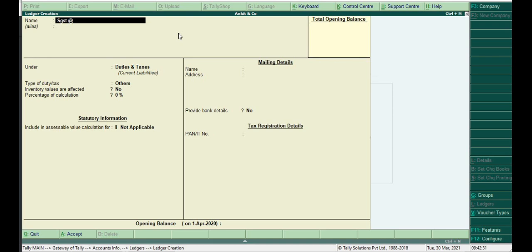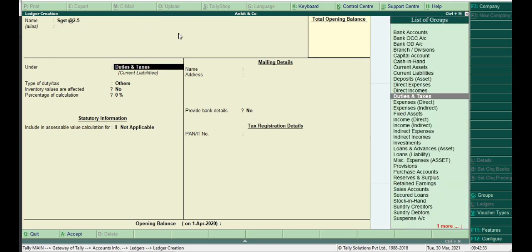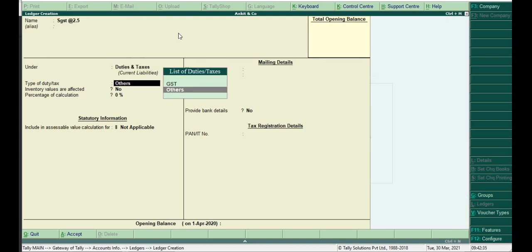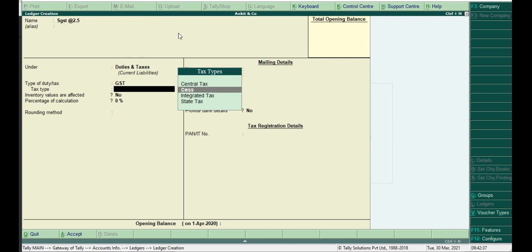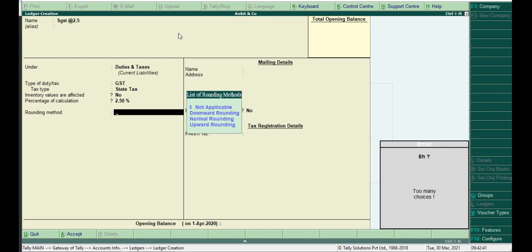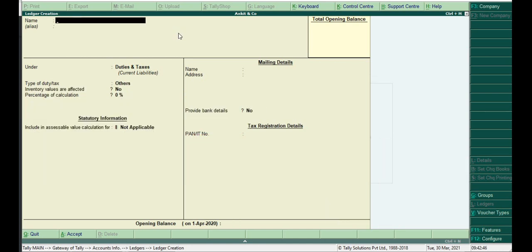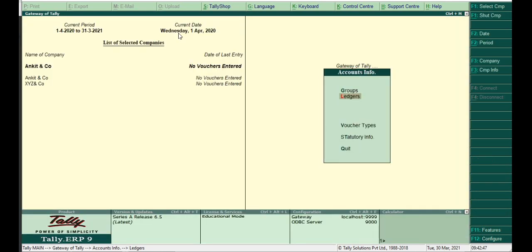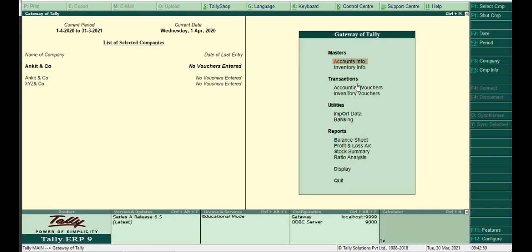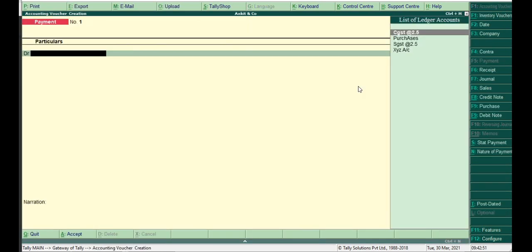SGST at the rate 2.5. Duties and taxes, GST, and we have state tax, percentage is 2.5. Generally we'll go with normal. Okay, so all the ledgers are created. Now going back to the purchase voucher.